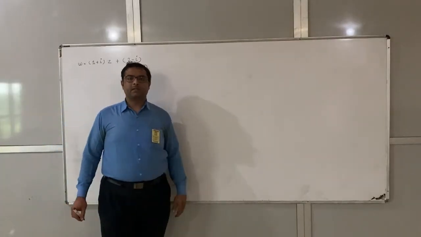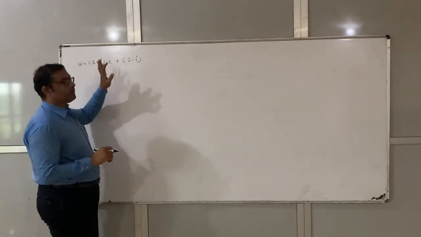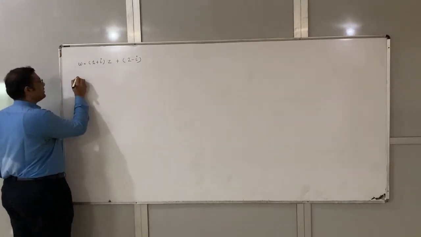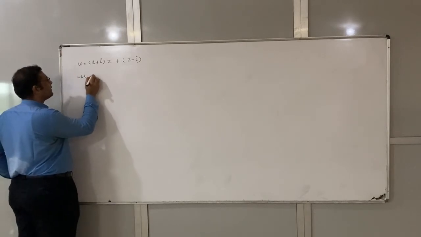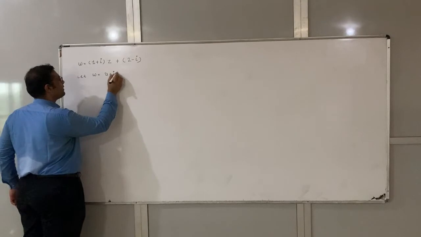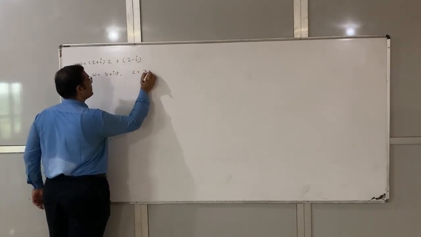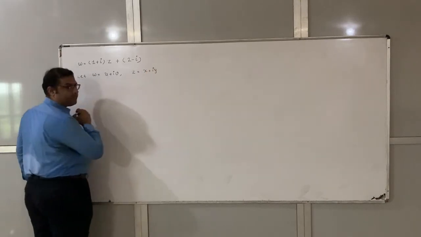So in this example, the given mapping is w is equal to 1 plus I into z plus 2 minus I. So let W is equal to U plus IV and Z is equal to X plus IY.